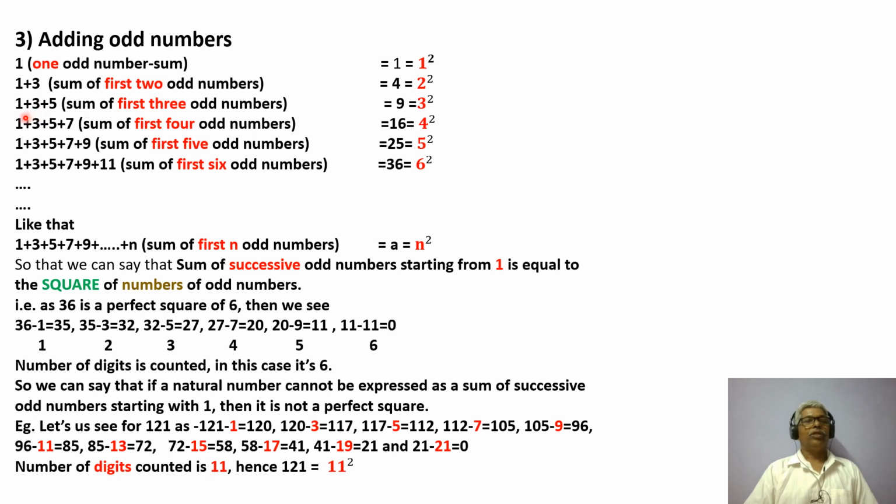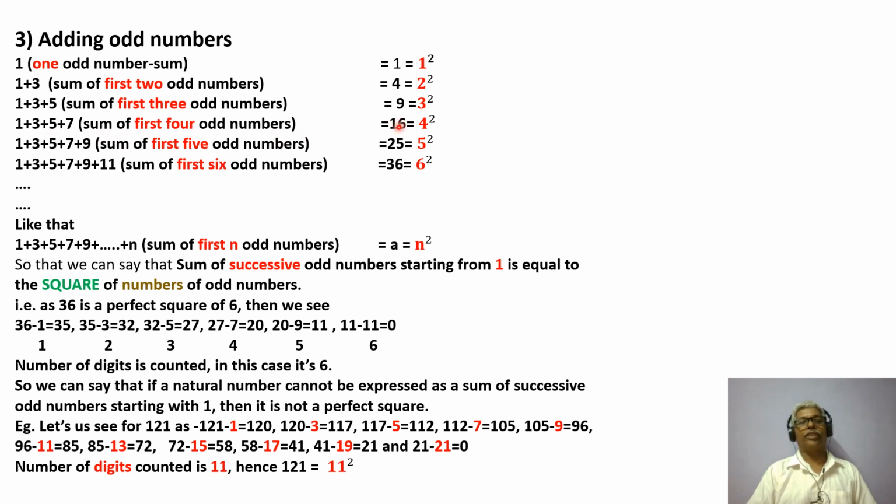You will see 1 plus 3 plus 5, the sum of first three odd numbers. This is 9, and how many numbers have we added? 3. Remember, first three odd numbers. So 3 square is 9. Very interesting pattern. 1 plus 3 plus 5 plus 7, the sum of first four odd numbers, is 16, and the numbers we have added are 4.